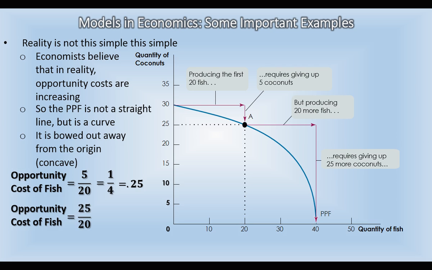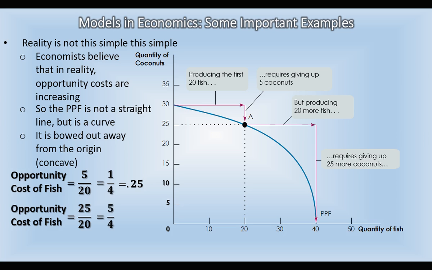Here you were producing 25 coconuts and 20 fish, and now you're moving down to this point where you're only producing fish and 0 coconuts. So that means you're giving up 25 coconuts. So that's your opportunity cost of fish, in coconuts. So that's the numerator, 25, to make 20 more fish. Now we've got a common factor of 5. 5 goes into 25 5 times. 5 goes into 20 4 times.